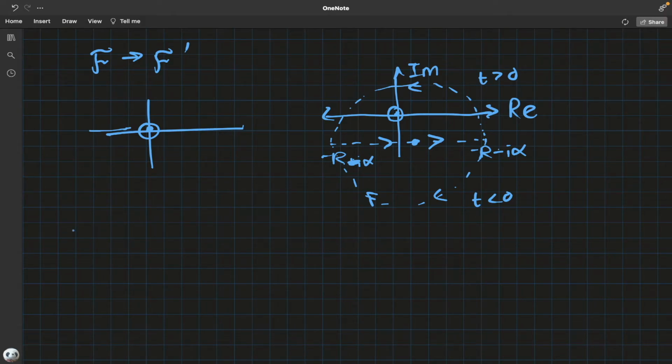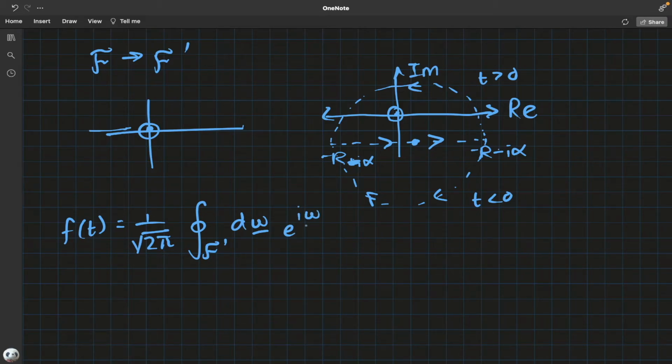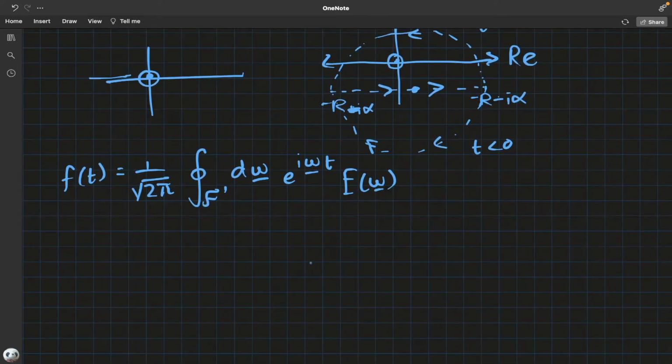So if we invert, we expect f of t to be returned to us if the inversion works. So on this new contour, that's f prime, d omega complex, e to the i omega t, f of omega complex.